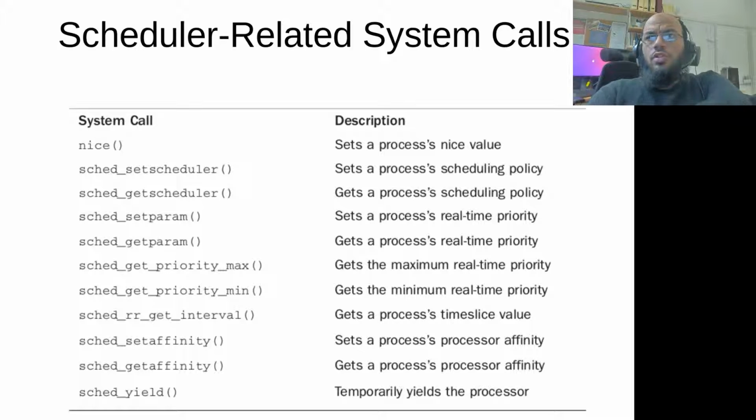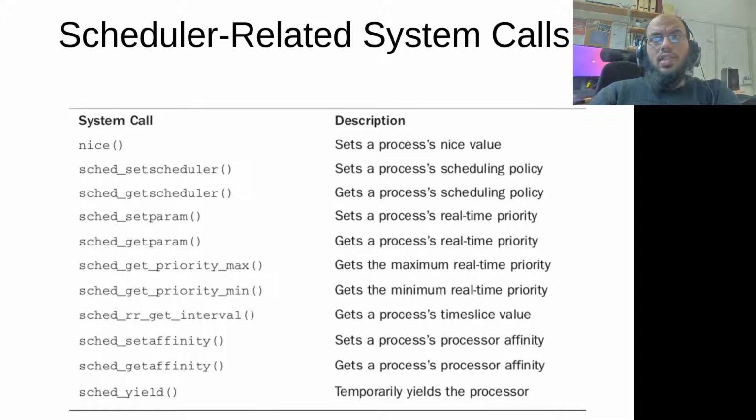Now, given all what I have said before, this is what you would need to actually do assignment 2. I hope that you have figured that out already. But these are a few system calls that you can use to change the scheduling class for a process that you're running.